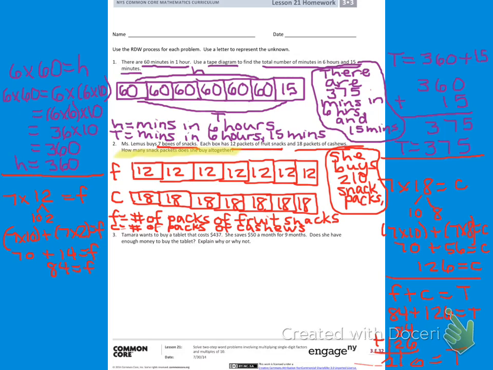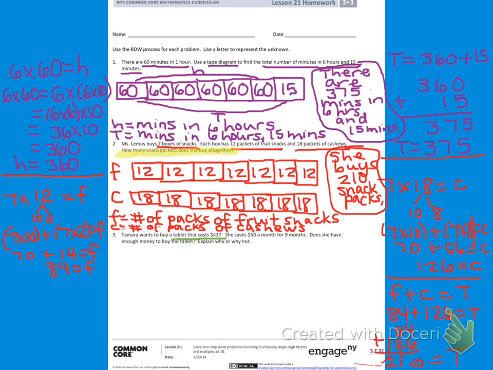Finally, let's look at item 3. Tamara wants to buy a tablet that costs $437. She saves $50 a month for 9 months. Does she have enough money to buy the tablet? Explain why or why not. Let's underline the important details.